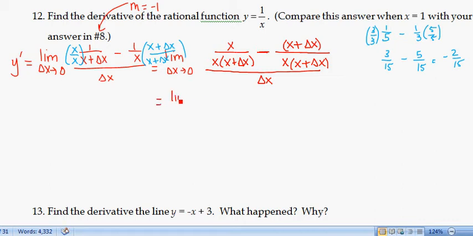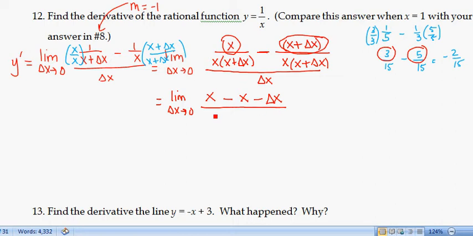Okay, so what is this equal to? In the numerator, I'm taking x. We finally got a common denominator, so now we actually just subtract, in this case x minus x plus delta x. So x minus, when I subtract x plus delta x, the x is being subtracted and the delta x is being subtracted.